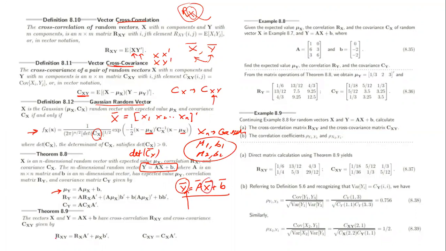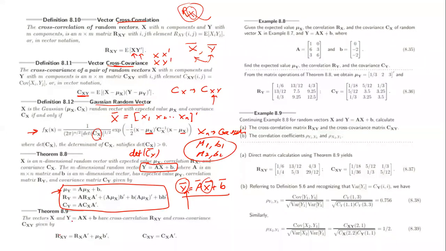Yeah, we can. Using this formula, this theorem, we can find the expected value vector, correlation vector, and covariance vector using this formula.